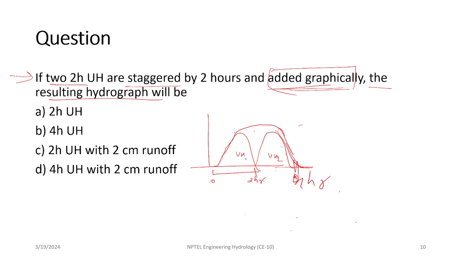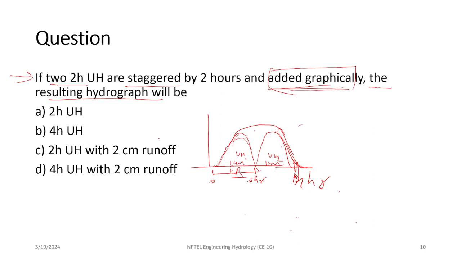Now you know that this UH1 was having 1 centimeter of effective rainfall, right? Am I right or wrong? Yes. Okay, and then again I just lagged it by 2 hours, so definitely it will again have 1 centimeter of effective rainfall.